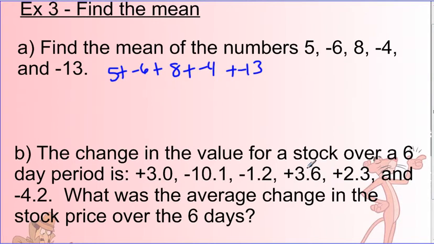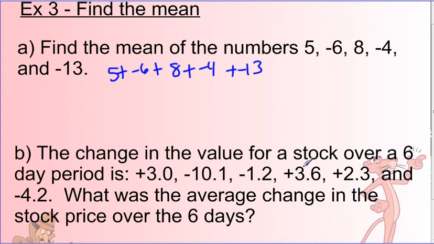Now, one thing to tell you here is we could absolutely just add straight across, 5 plus negative 6 and then plus 8 plus negative 4 plus negative 13, and we should get the right answer. Or we could rearrange those numbers because it's all addition and we have that commutative property. We could rearrange them to make it a little bit easier on ourselves.